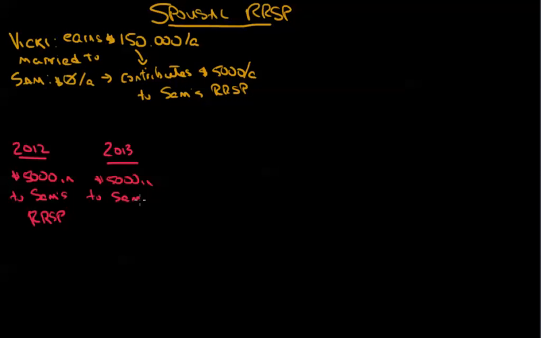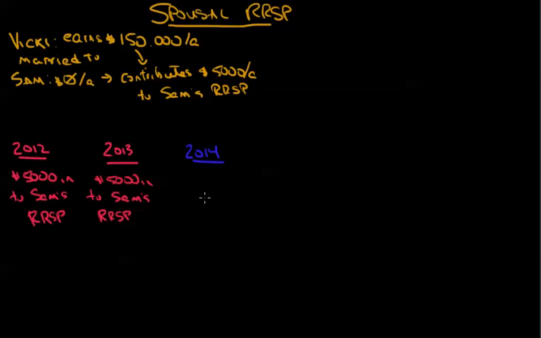The RRSP year for the purpose of calculating spousal RRSP contributions is the same as the normal RRSP year. That is, it goes 60 days into the next calendar year. So you actually have until usually March 1st to make contributions to a spousal RRSP, just like to your own RRSP.